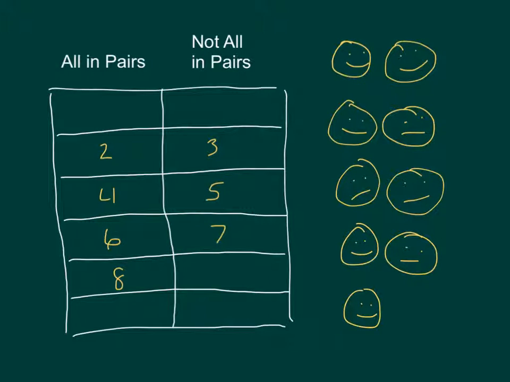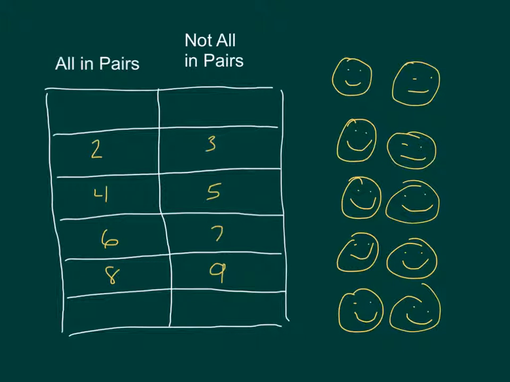Think about the number 9. I'm noticing that the number 9 has 4 pairs, but one number is not in a pair. So I'm going to put the number 9 on that part of my table. Is the number 10 all in pairs?